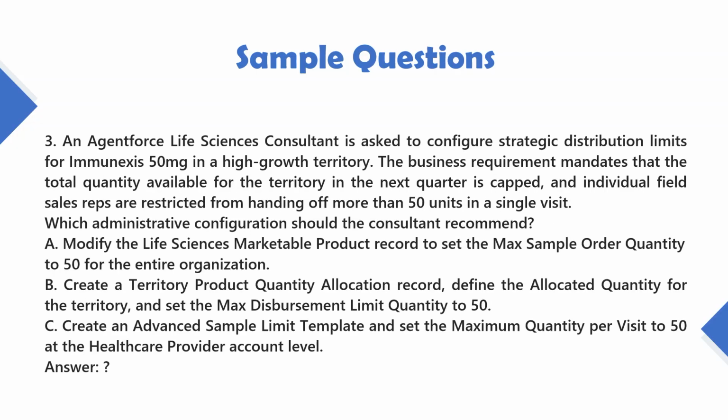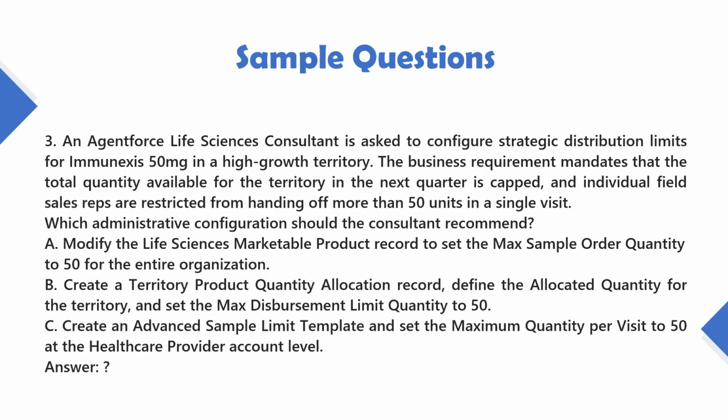3. An Agentforce Life Sciences consultant is asked to configure strategic distribution limits for Immunexus 50 mg in a high-growth territory. The business requirement mandates that the total quantity available for the territory in the next quarter is capped, and individual field sales reps are restricted from handing off more than 50 units in a single visit. Which administrative configuration should the consultant recommend?